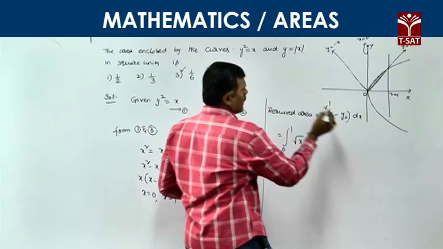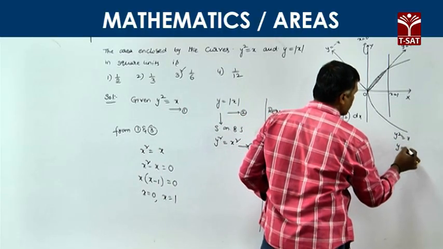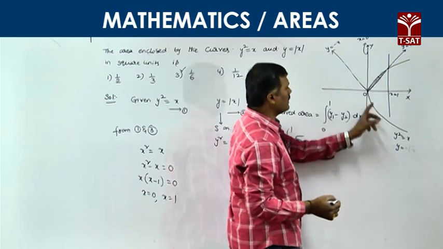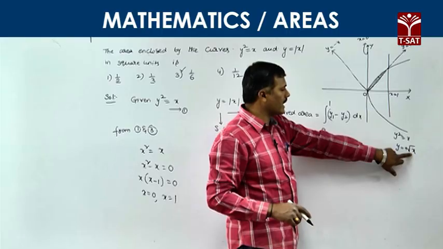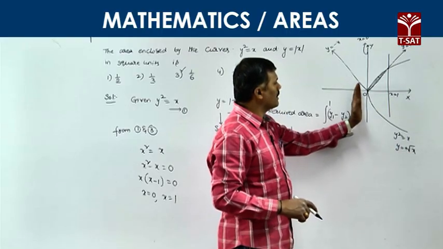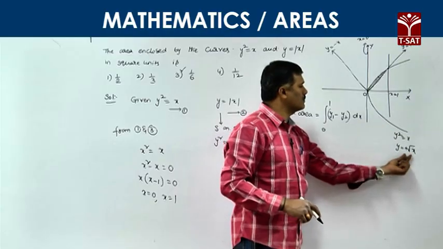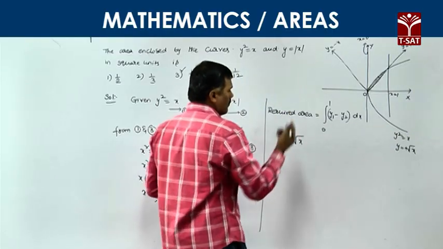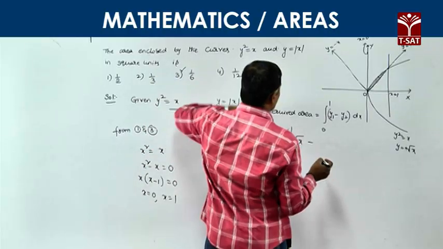Rough work: y square is equal to x, then y is equal to plus or minus root x, but we cannot take minus root x because our limits region is 0 to 1 only, so we take plus root x. Next, minus y2, which is mod x.